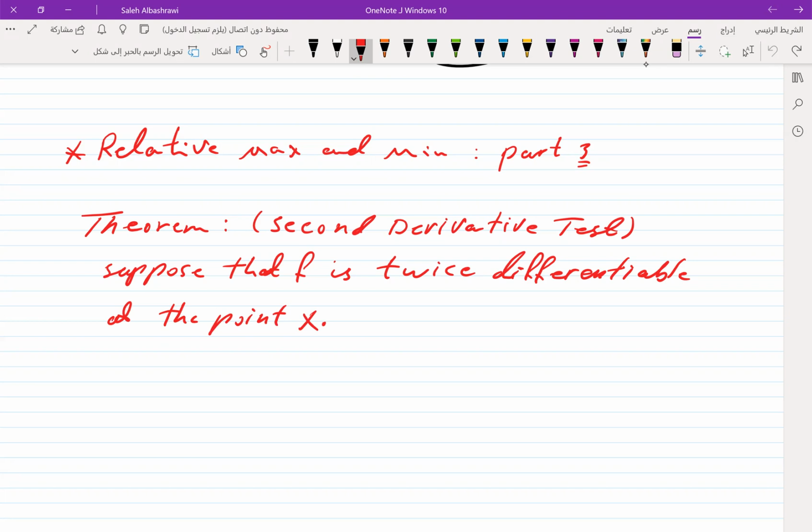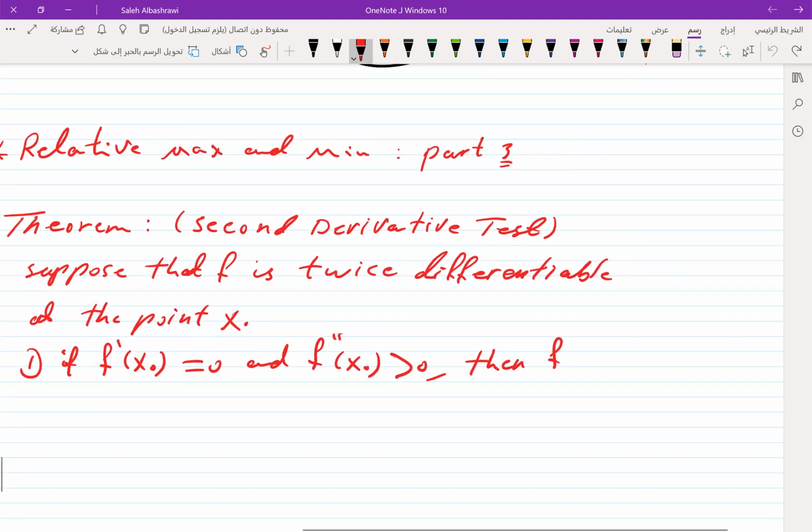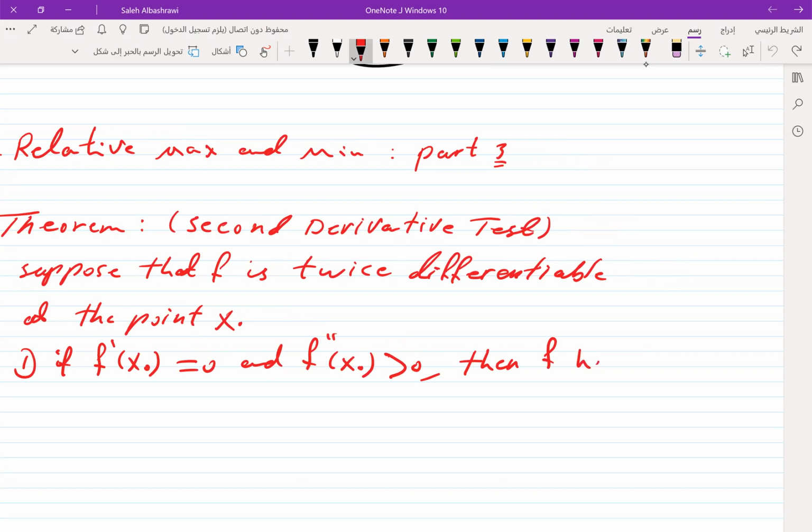Then number one, f prime at x0 equal to 0, which means x sub 0 is a critical point, and if the second derivative f double prime is greater than 0, then f has a relative minimum.